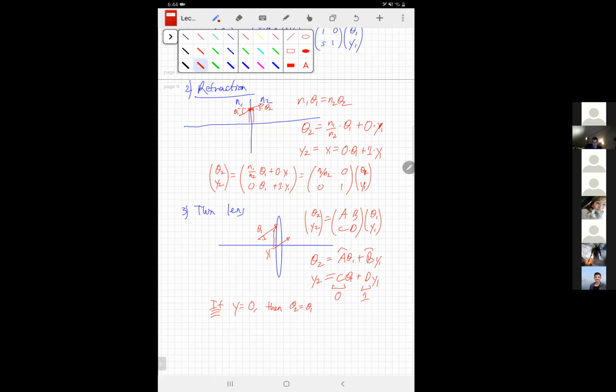Right? If we had a 0 y, then our new column vector would only have theta 1 in it. And it would have to be theta 2 equals theta 1, or A equals 1.